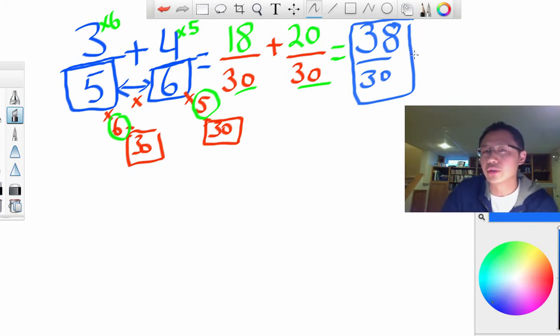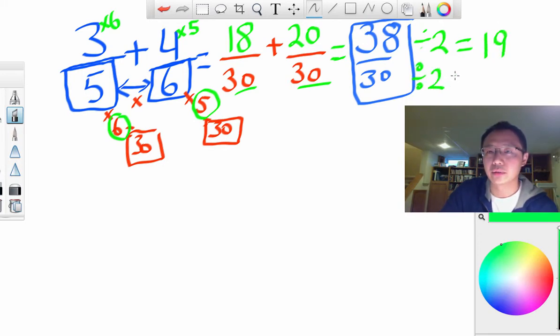The number 2 is just an arbitrary number, but most of the time it will work. Not all of them, but most numbers will be divisible by 2, so it's a good number to start with. If we divide 38 by 2, I think it's 19, and if we divide 30 by 2, it gives us 15.